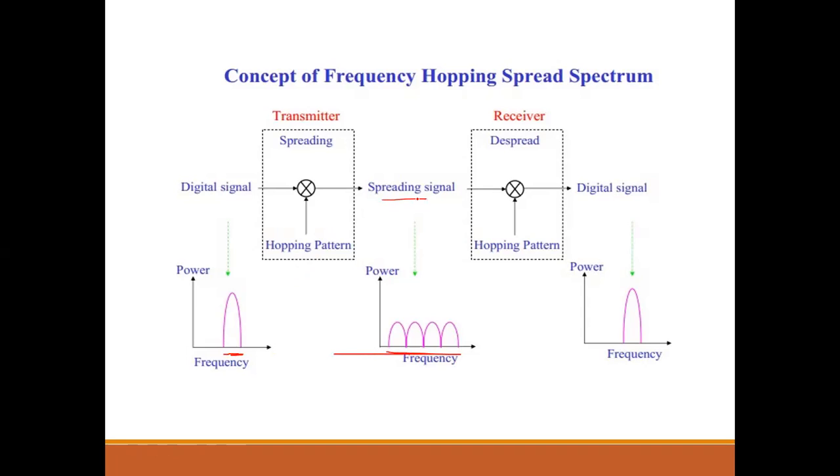So a spreading signal will be there, and at the receiver side there is a despread frequency hopping pattern. Despreading is done using the same pseudo random code which is generated here and is also available at the receiver. So again the same signal will be obtained.